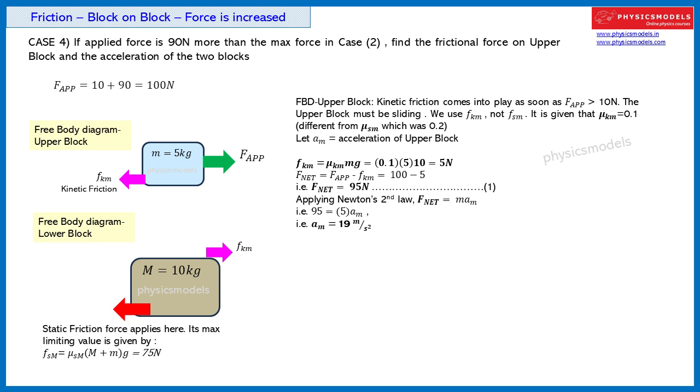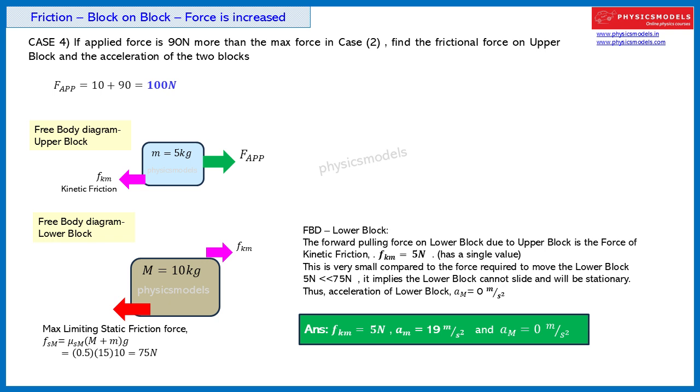Certainly not. We now go to the FBD of the lower block, where the forward force acting on the lower block is nothing but the force of kinetic friction from the upper block. The rearward resisting force, static friction, between the lower block and the ground still remains as high as 75 newtons.